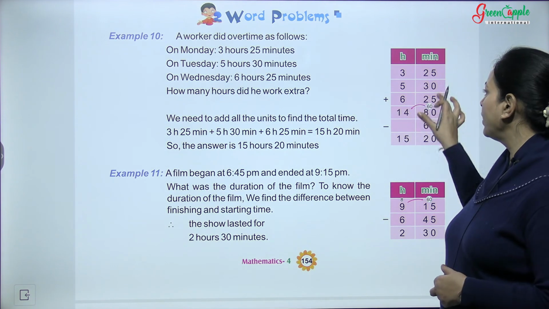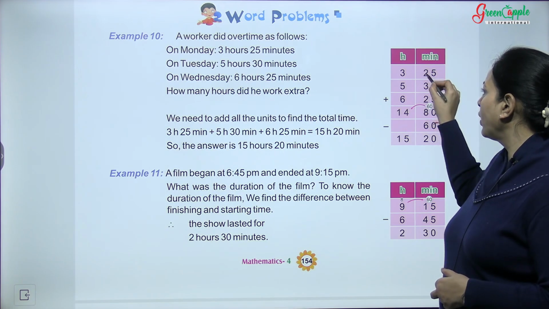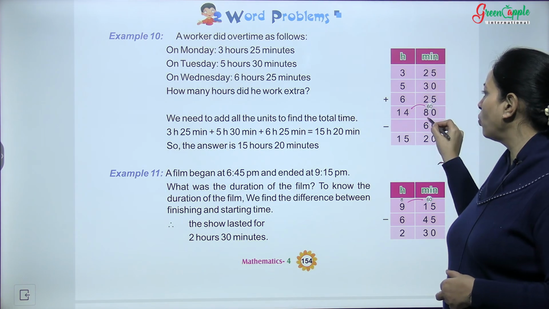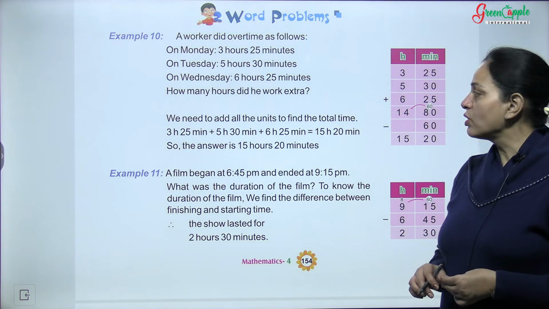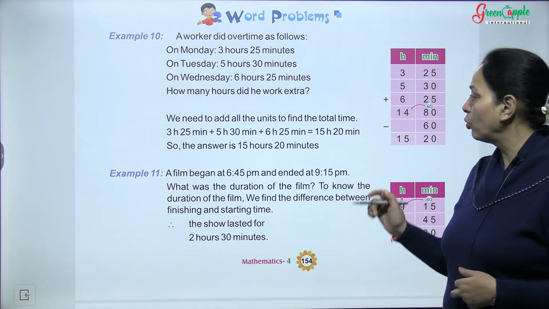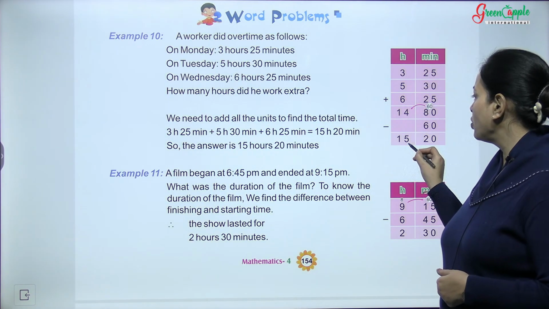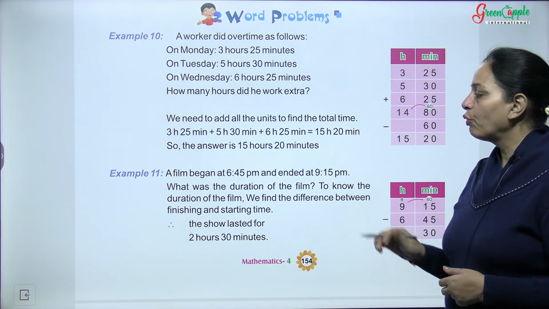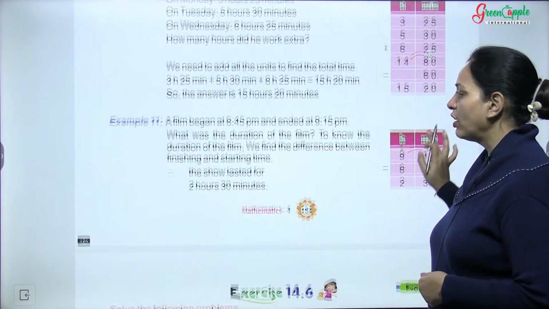Now add minutes: 5, 5, 10, 0 here, 1 carry, 3, 2, 5, 6 and 2, 8. 80 minutes. So this is more than 60, so 60 minutes make 1 hour. So we will add 1 to the hours, this becomes 15 hours and here 20 minutes, right? So the answer is 15 hours 20 minutes.